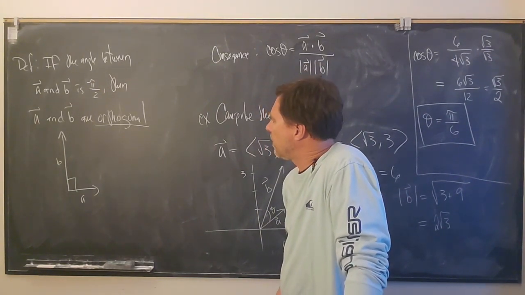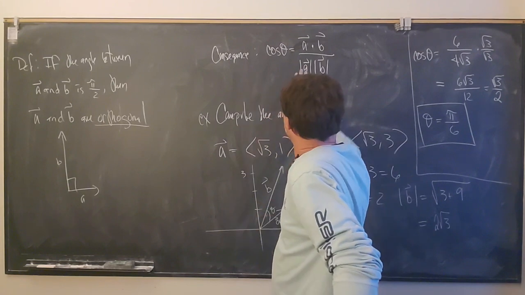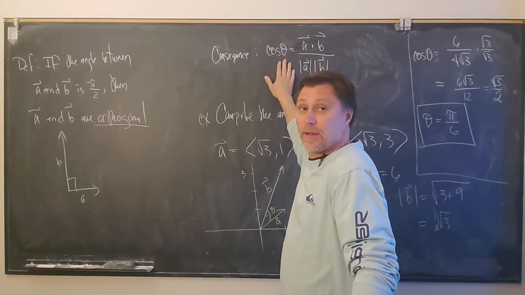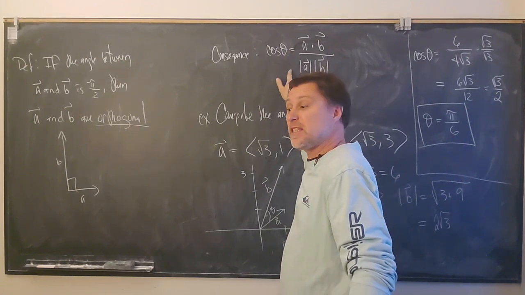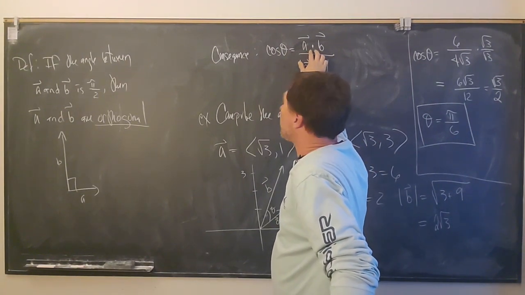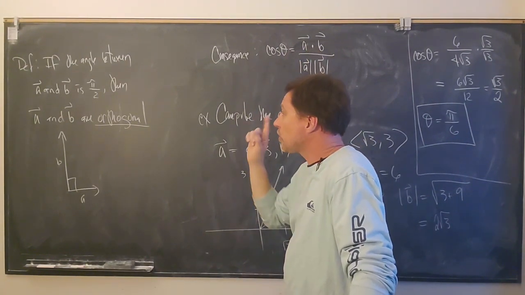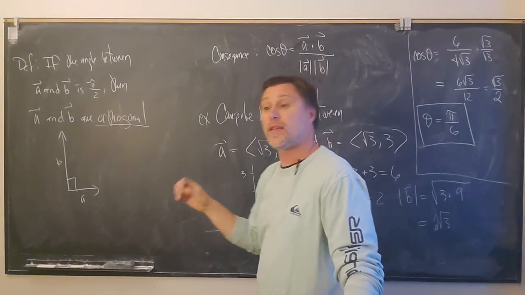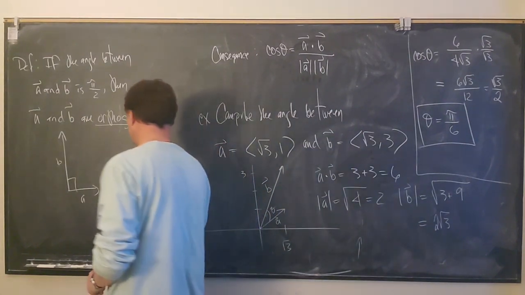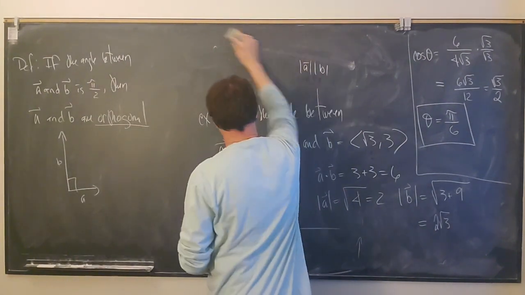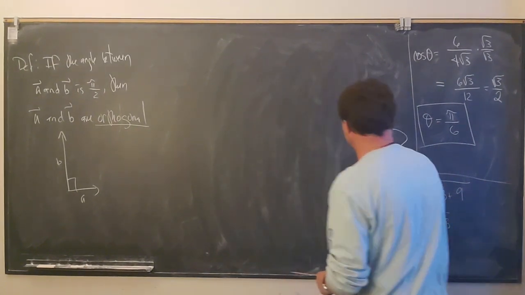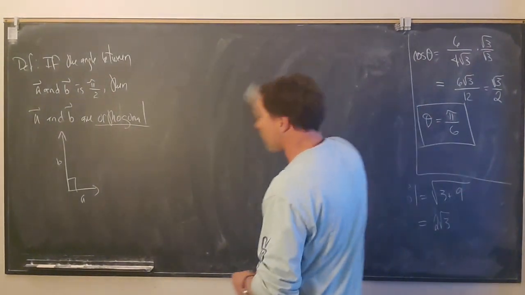So, thinking back to here now, if the angle is pi over 2 on the left-hand side, cosine of pi over 2 is 0. That tells us then that the dot product has to be 0. So now we have that vectors A and B are orthogonal if and only if the dot product A dot B is equal to 0. So that gives us a nice, easy way to check for orthogonality.